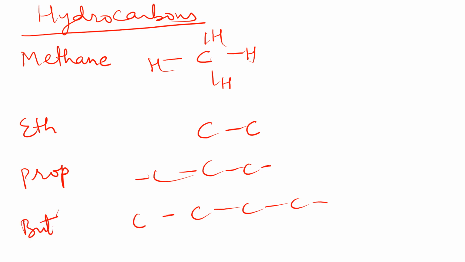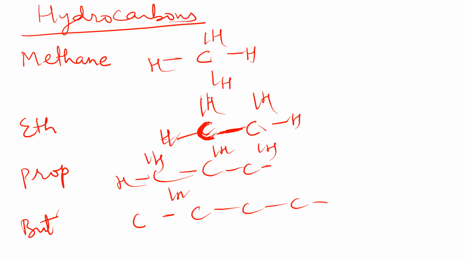Now each carbon atom needs to complete its stable configuration. This carbon is already bonded with another carbon atom, so it has to form 3 bonds with hydrogen. Similarly for the other carbon.